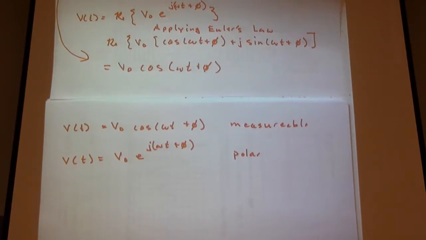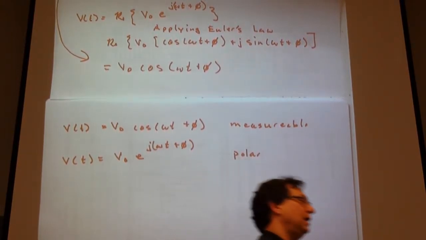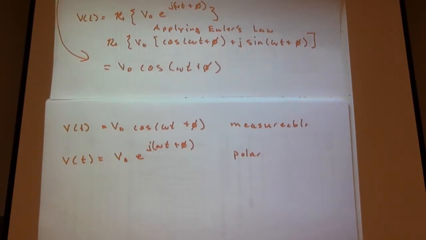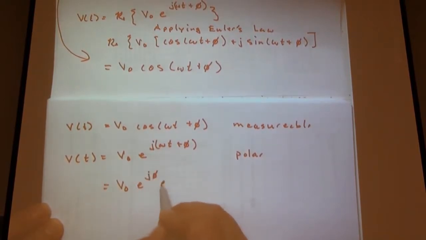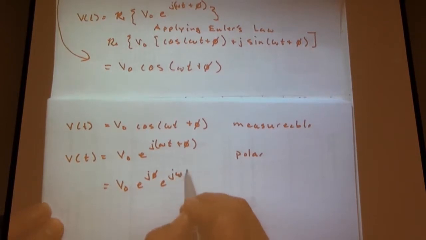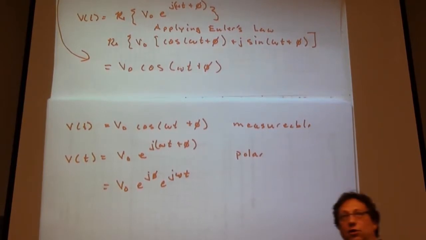To get from the polar form to the trigonometric we just saw, we take the complex exponential. One of the things we discussed in the last class is we can write this as e to the j phi, e to the j omega t, by just writing out the exponential in two terms by exponential relationships.